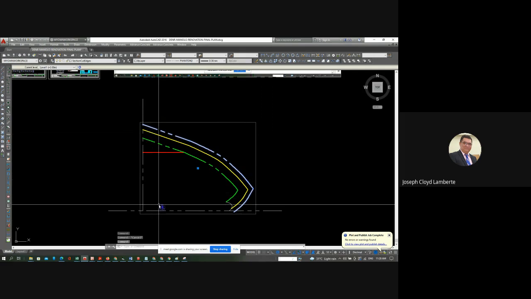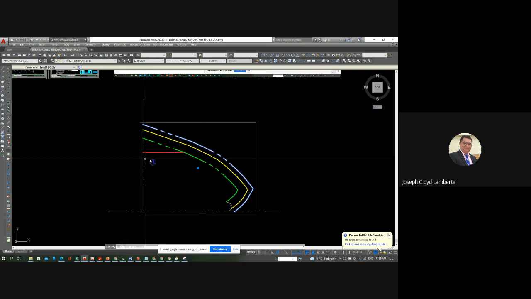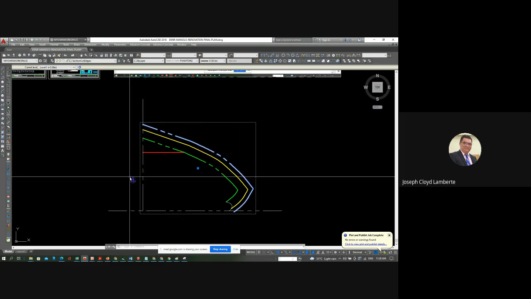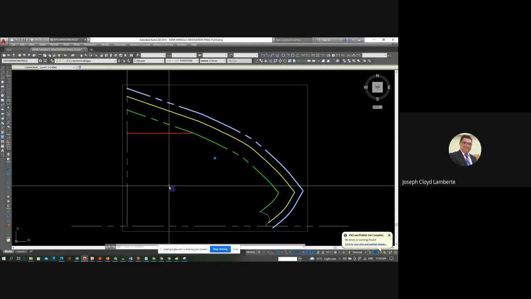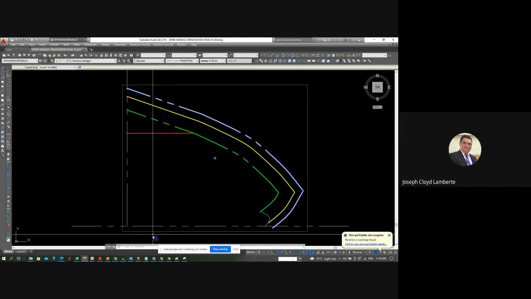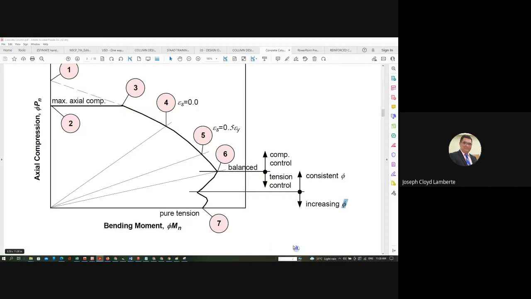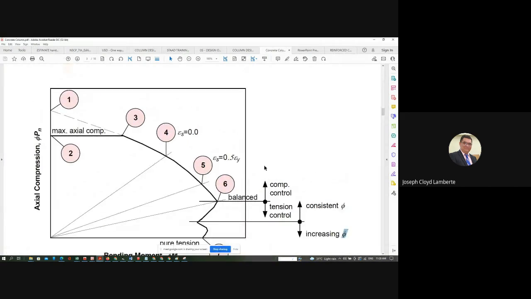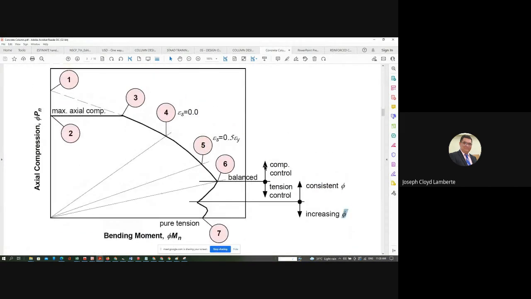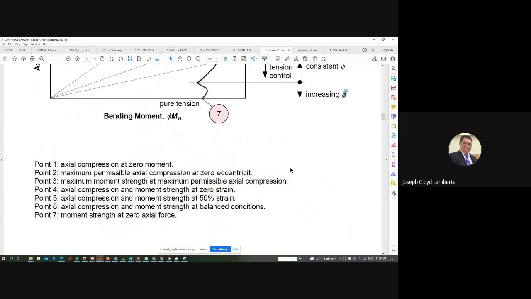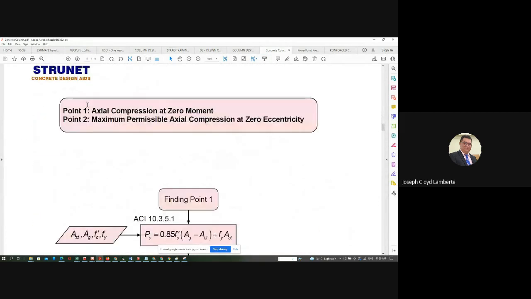So kung nakay moment karon is imo nang i-plot diya with the corresponding actual loads. So with that, you can calculate that one using this material class. So kung saan pagkuha sa point 1, muna yung point 1. Point 1 is the actual compression load at zero moment.